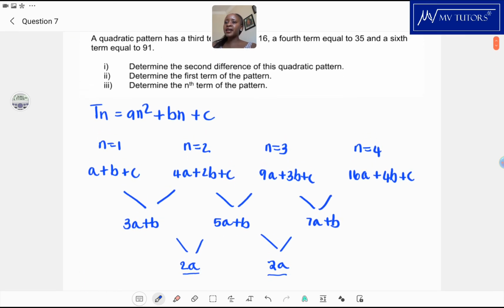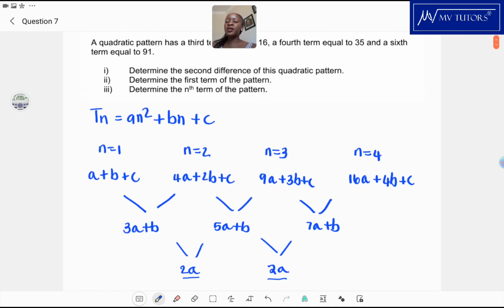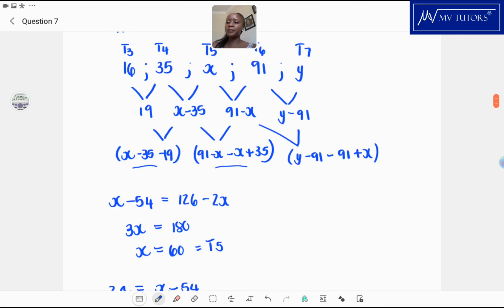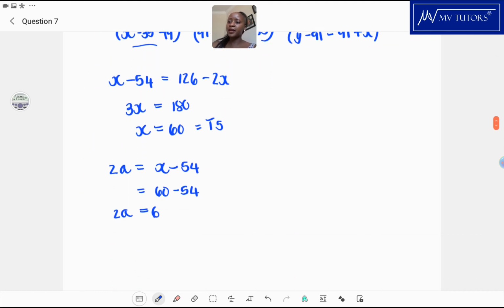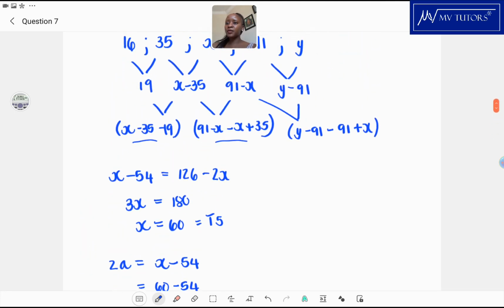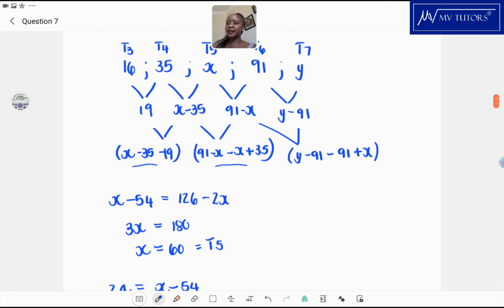The second question says determine the first term of the pattern. So this was the first question. Now the second question, they want the first term of the pattern. Okay guys, I'm going to write this pattern again.